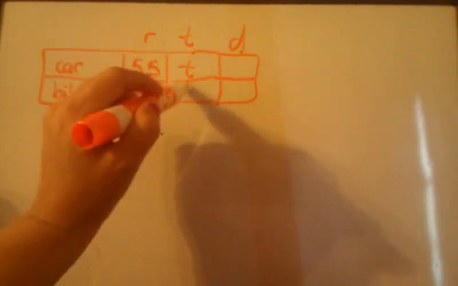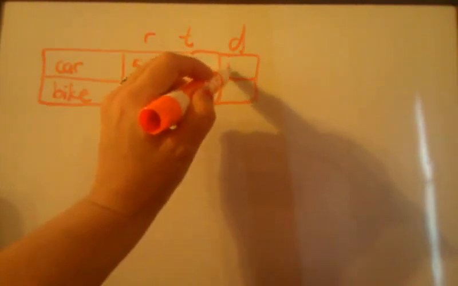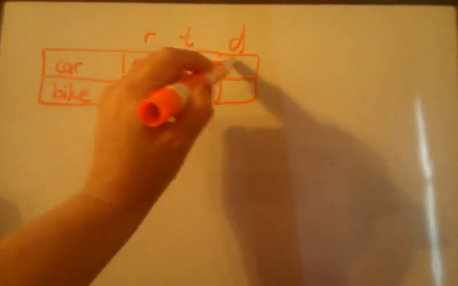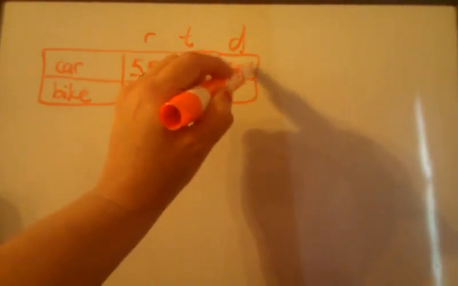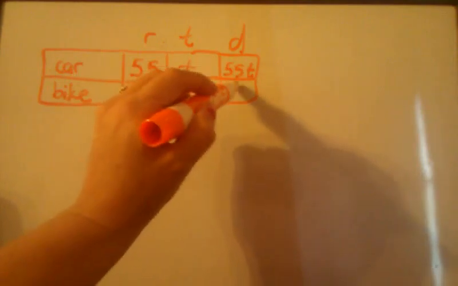It's asking me, in how many hours will they be 140 miles apart? So we don't know the time, right? And distance is rate times time. So this times this is 55t. This times this is 15t. Okay?